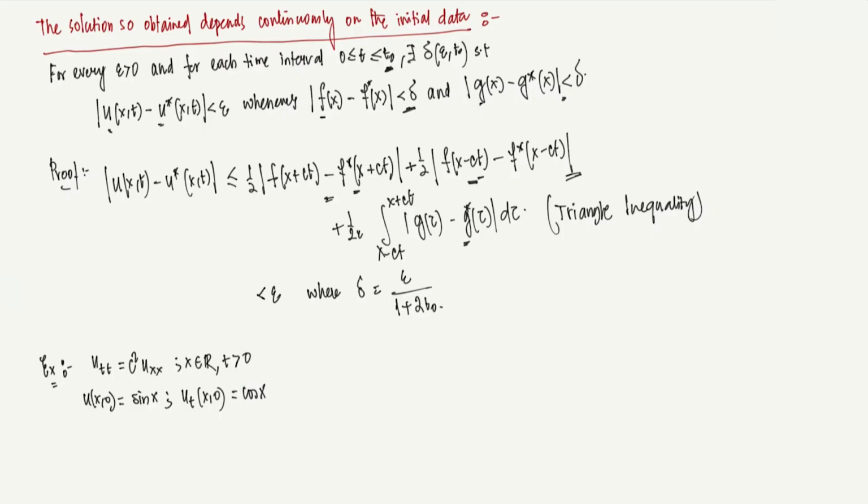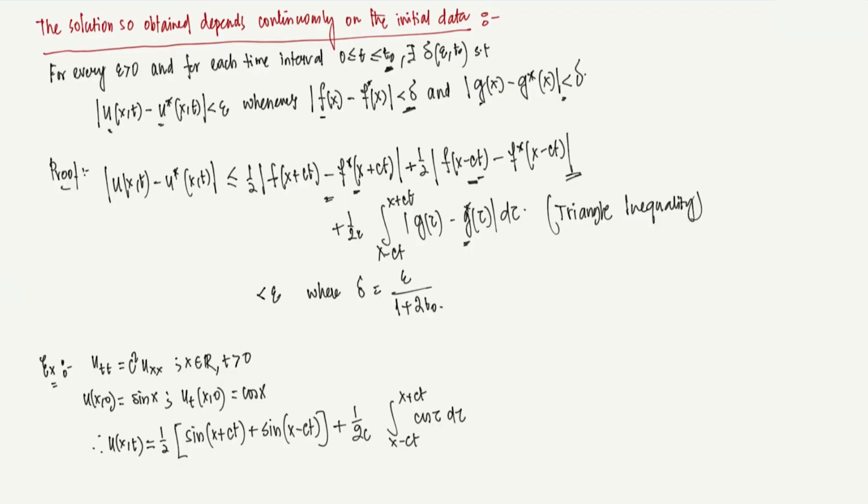So essentially we want to find out what is u of x, t. It is nothing but half of sine of x plus ct plus sine of x minus ct, and then I have 1 by 2c times the integral from x minus ct to x plus ct of cosine tau d tau.